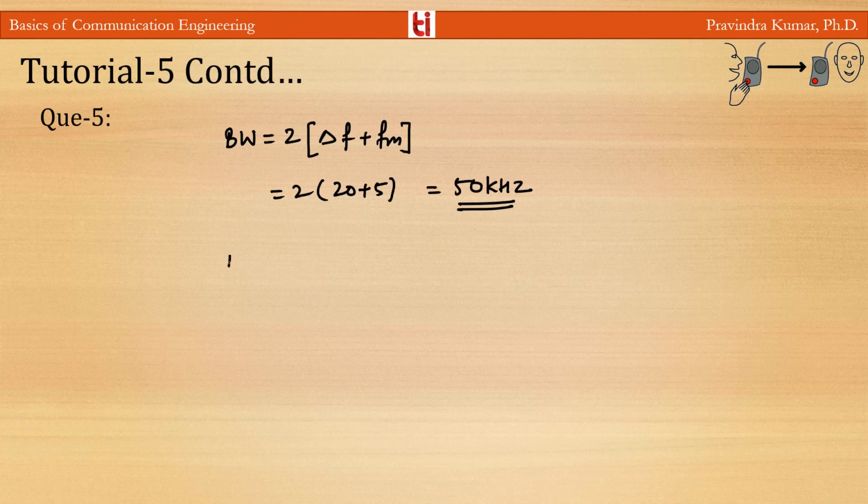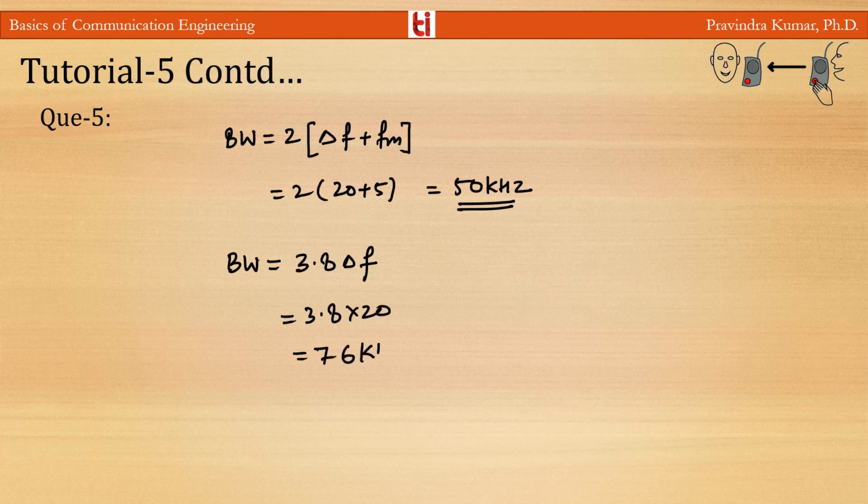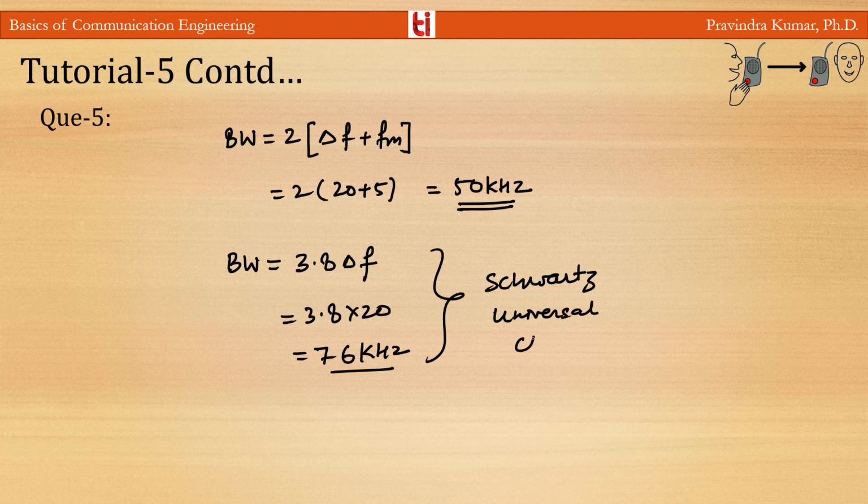Using that curve we find that the bandwidth is 3.8 into Δf, which is 3.8 into 20, or 76 kilohertz. So this is using the Schwartz universal curve, and this is using Carson's rule.